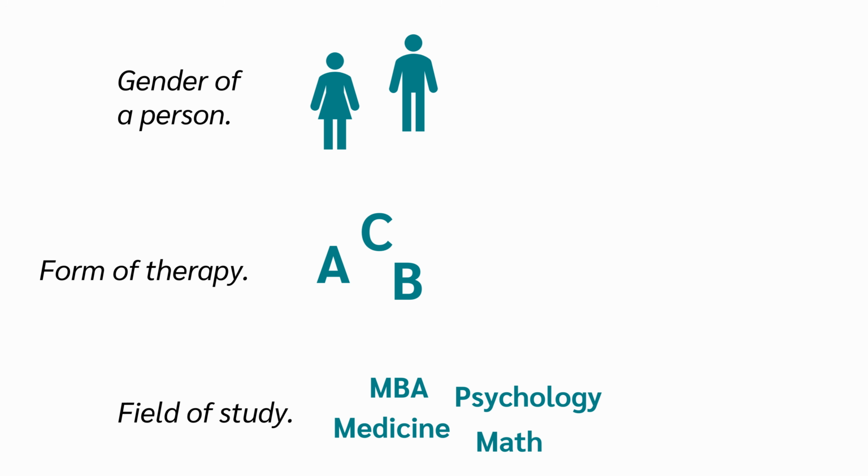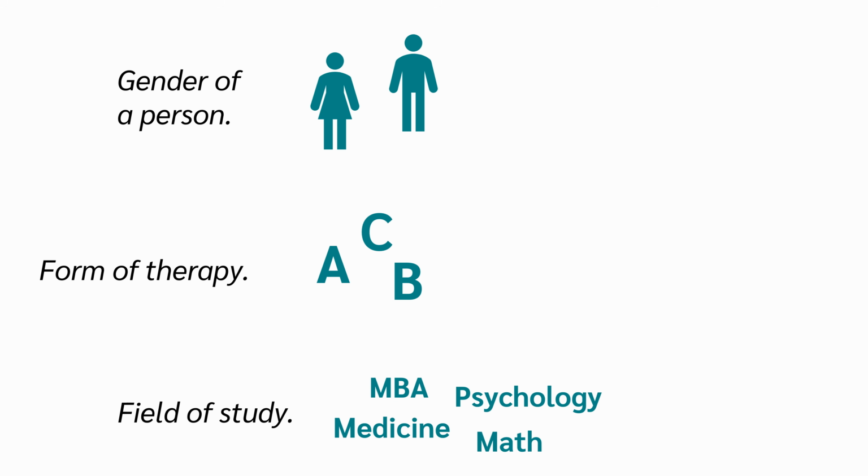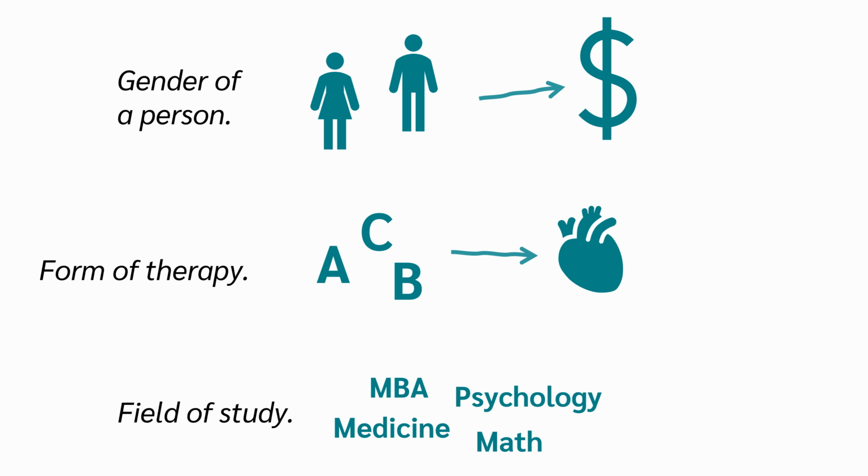We use an ANOVA whenever we want to test whether these levels have an influence on the so-called dependent variable. You might want to test whether gender has an effect on salary, whether therapy has an effect on blood pressure, or whether field of study has an effect on length of study.